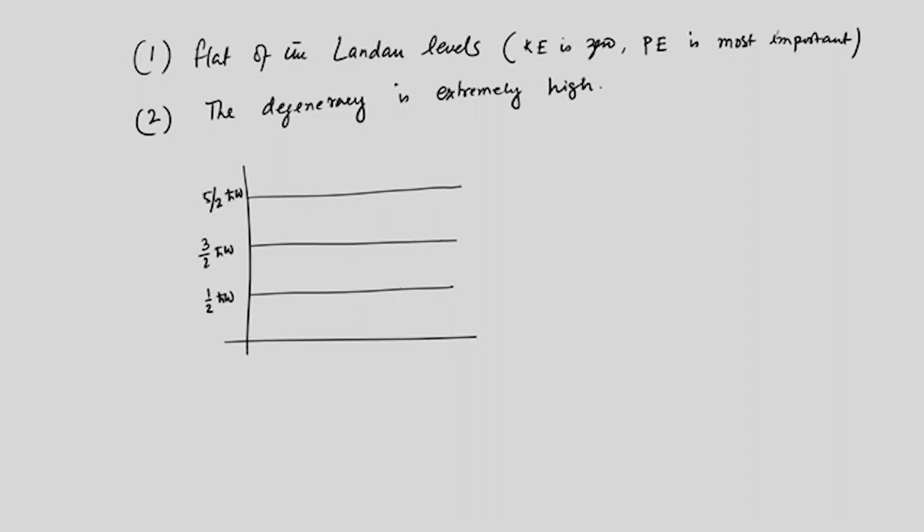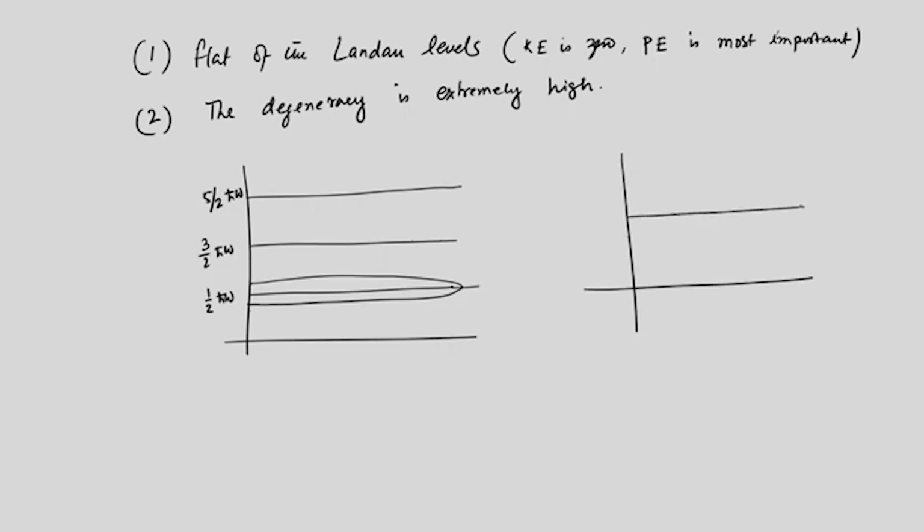Okay. Now, we know that these levels are broadened because of the presence of disorder, and also now they are broadened because of the presence of interactions. Okay. So, let me show you one Landau level which is broadened. Say for example, right now we talk about a hierarchy of energy scales.